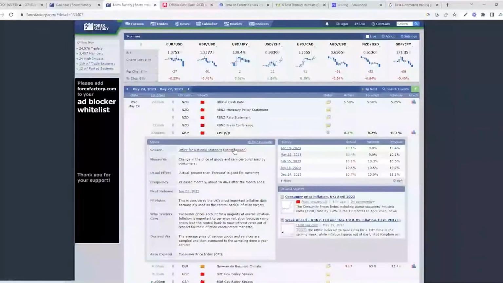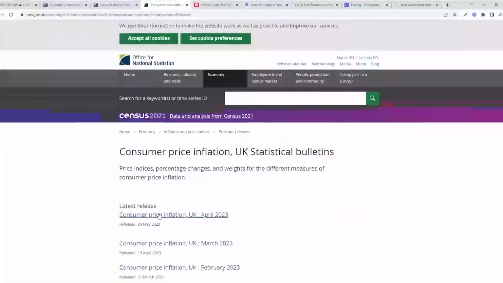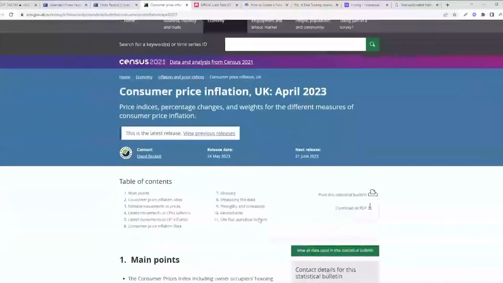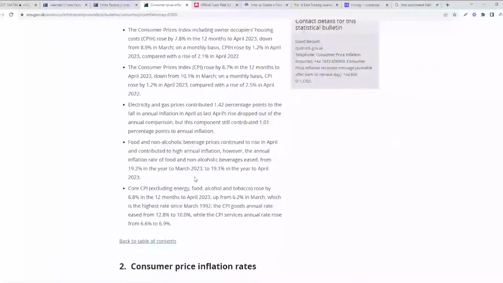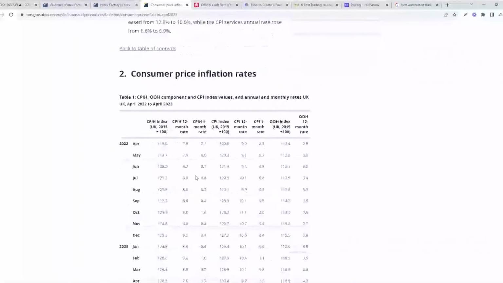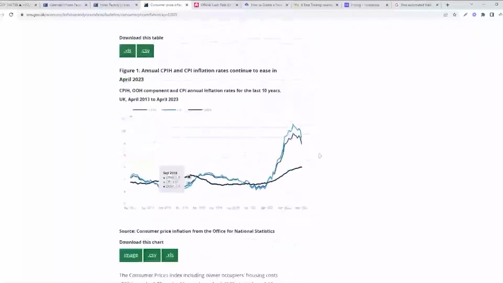So if we go to latest release, and then here we have it. So release 24th of May. This takes you to the Office for National Statistics. This is the UK government agency, and then here it'll give you all the detailed breakdown of this UK CPI data.